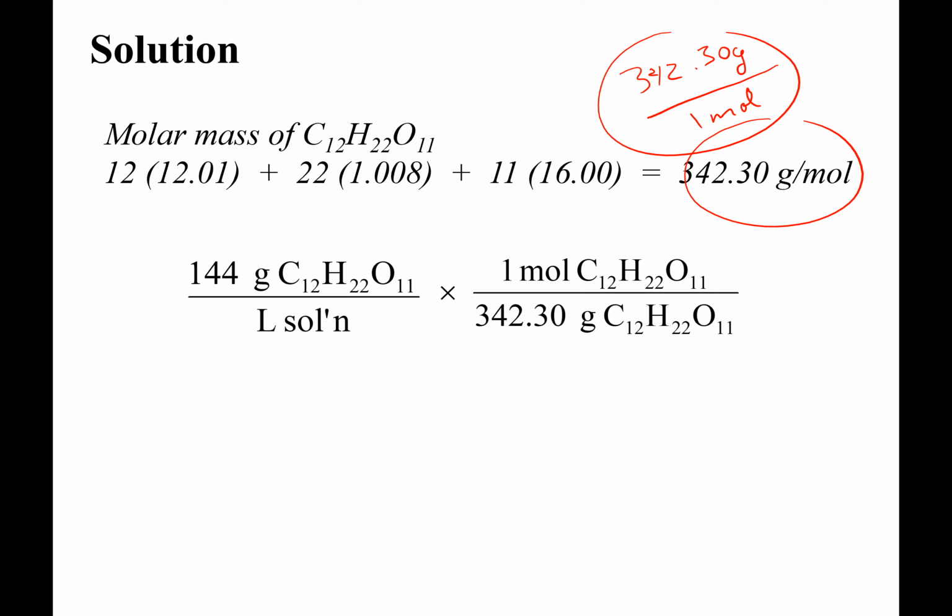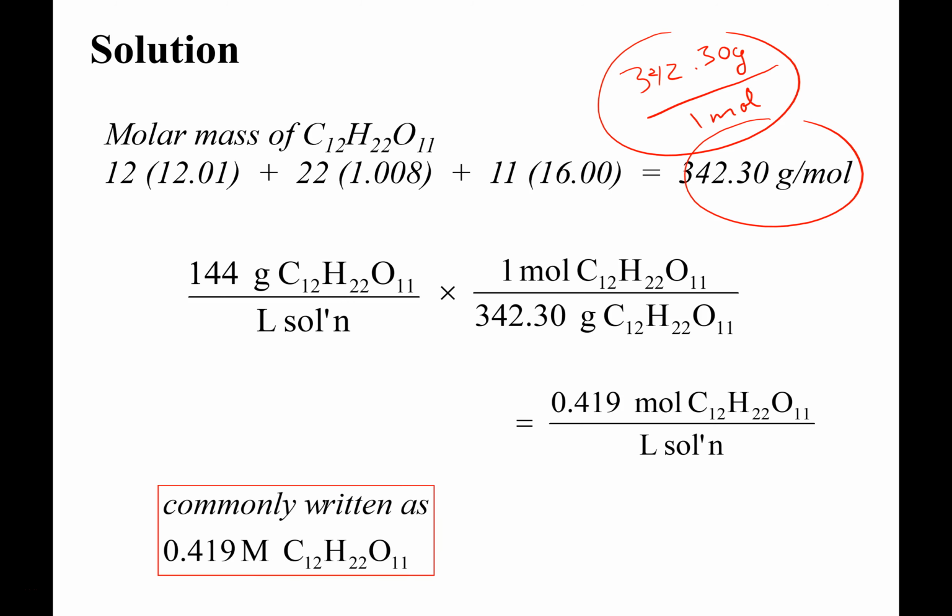It's not about the base. So we round it to 3 sig figs, and you're looking at a number of 0.419, and then units would be moles of compound per liter of solution. But this big M means molarity or molar concentration.